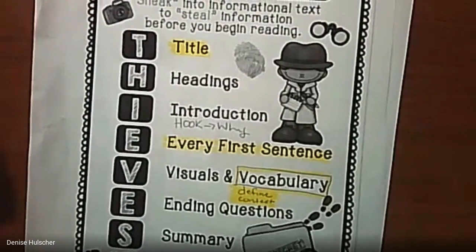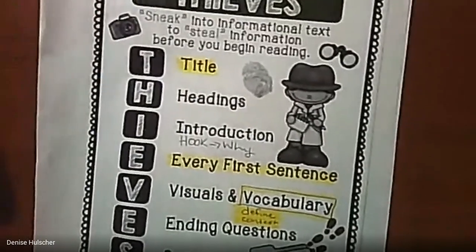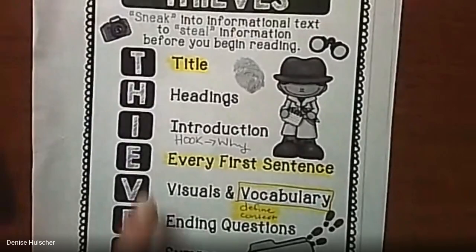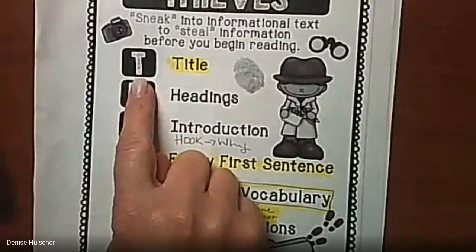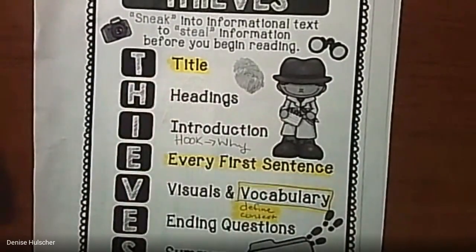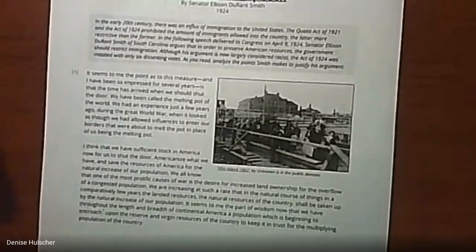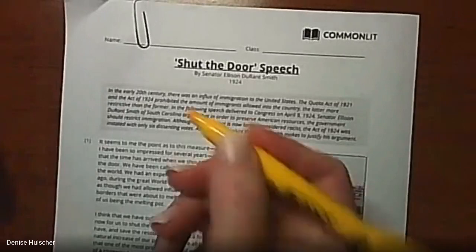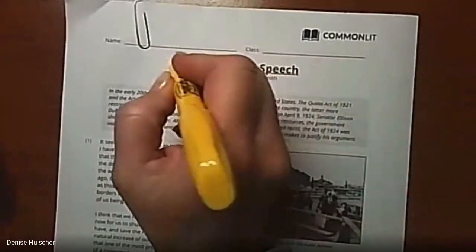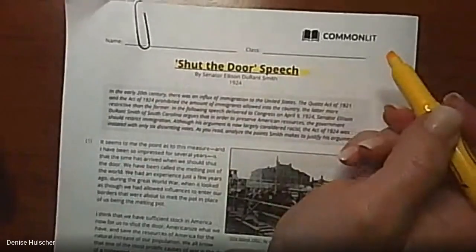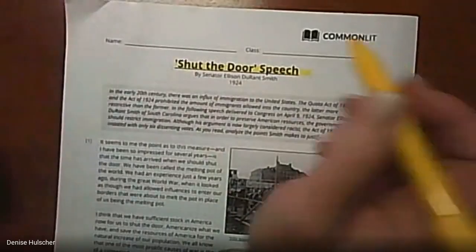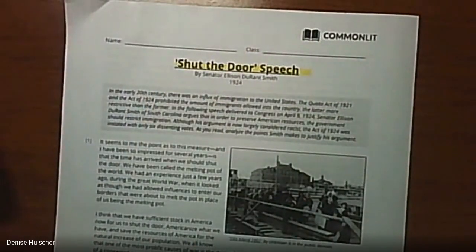Okay. So if you remember with thieves, when we went through this, we first talked about, for a pre-reading strategy, the title. So if I do that with the Shut the Door speech, the title: I've got Shut the Door, and it's a speech. So let's write down the things that we know.